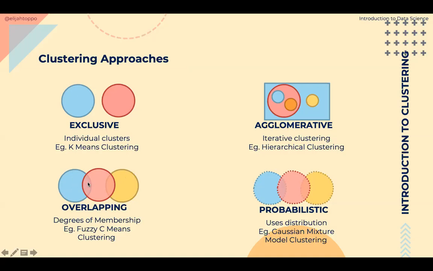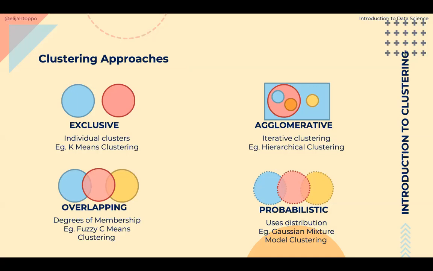Or let's say you are somewhere in between, you would say maybe 51 and 0, or 50 and 0, or 49 and 1, and so on. So here we are actually talking about degrees of membership, and each data point belongs to all the different groups in different levels of membership.